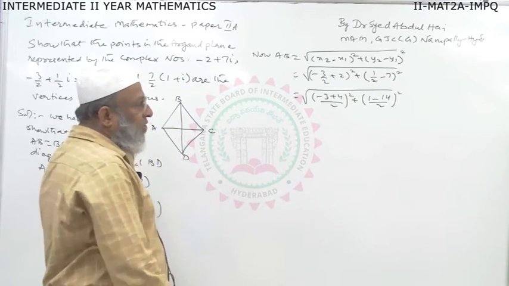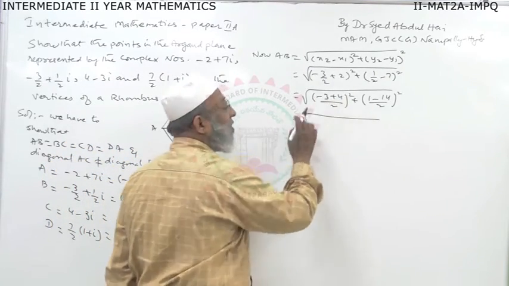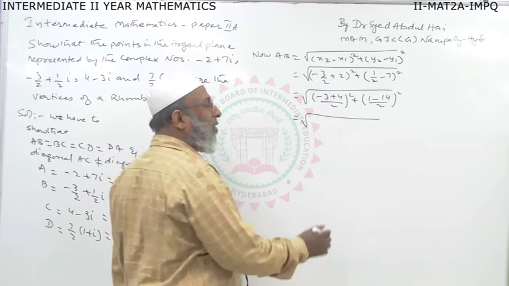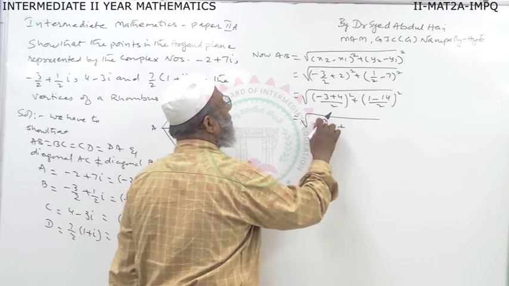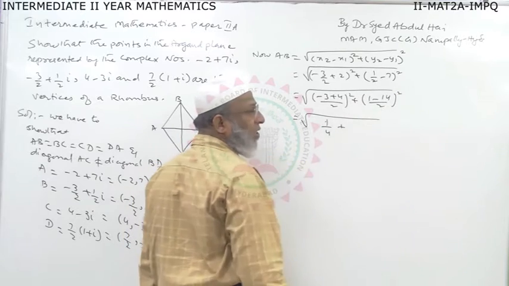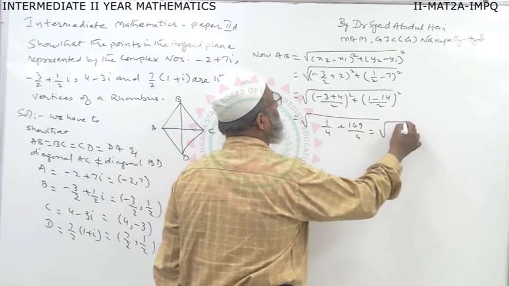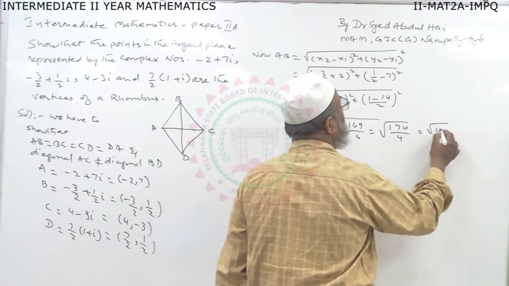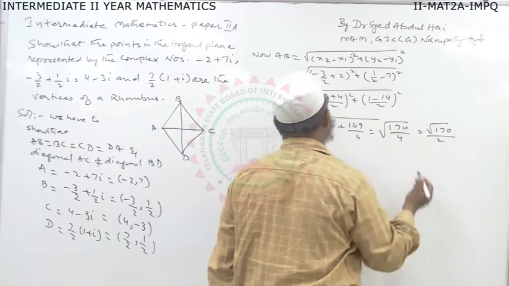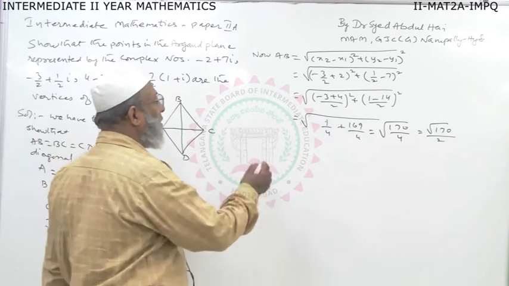Now which gives me 1 by 4 plus 13 square, 169, by 4, therefore equal to 170 by 4, which is equal to root of 170 by 2. Now AB is over, we have to find BC.